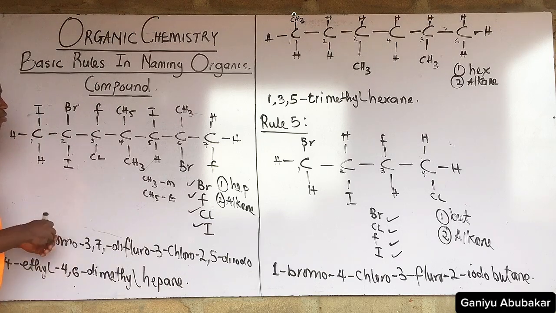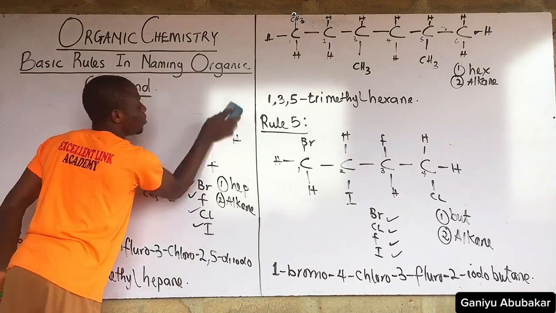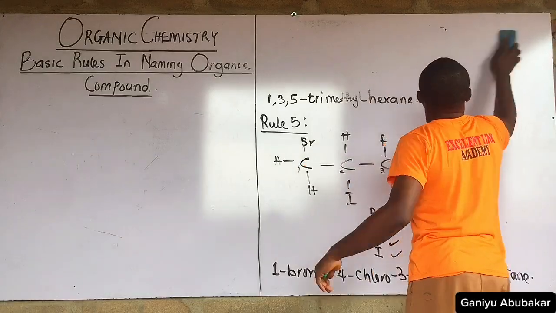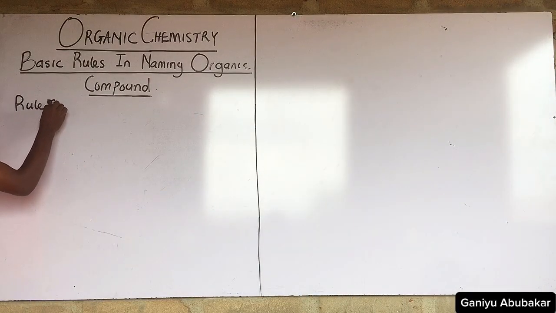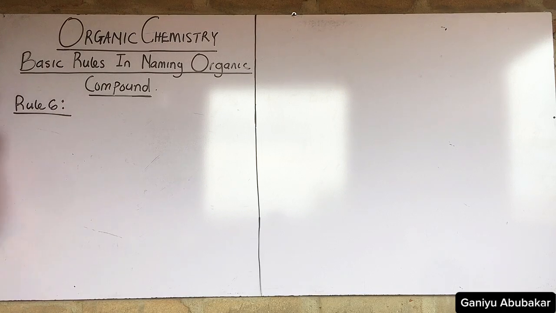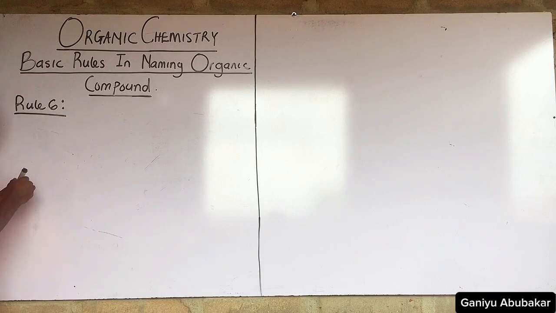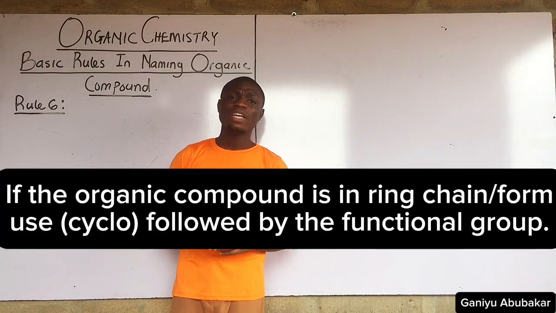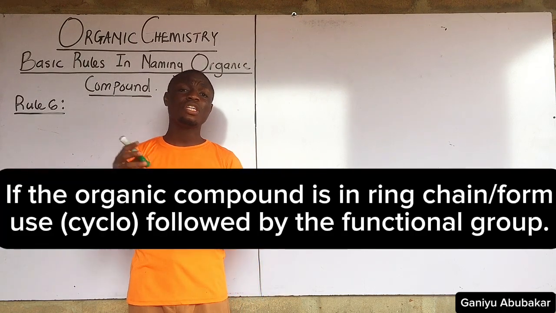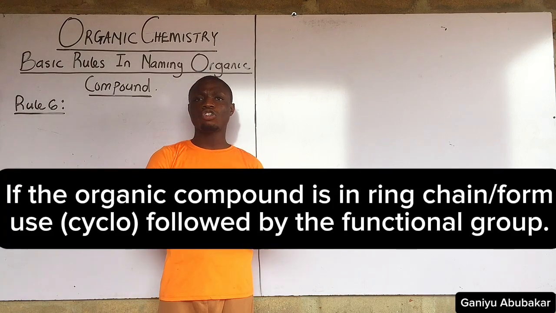So let's take rule 3 and end this concept. Rule 3 says that if the organic compound is in ring or chain form, use the word cyclo followed by the functional group.